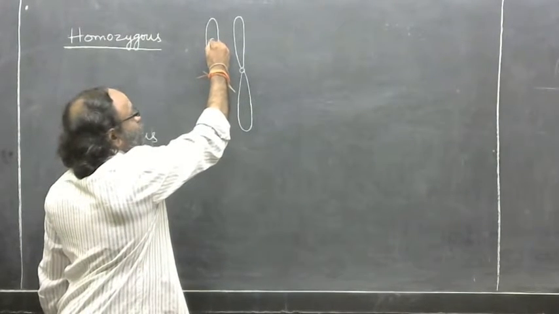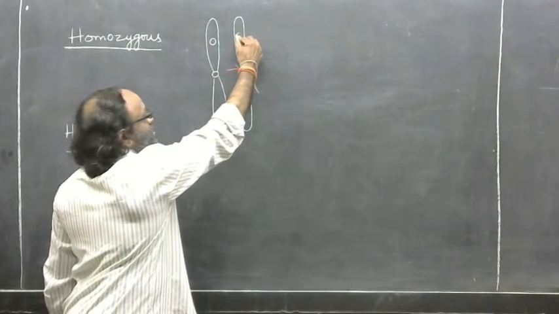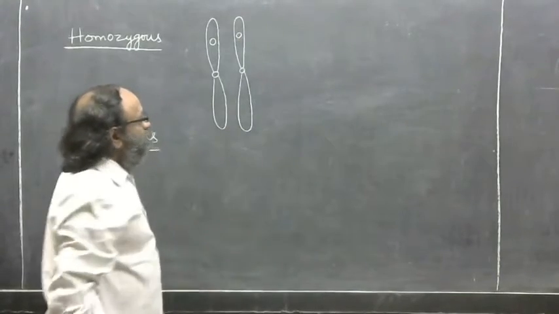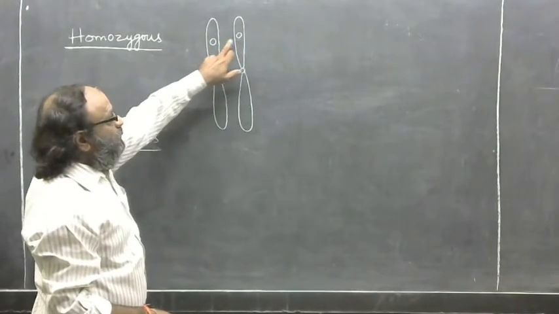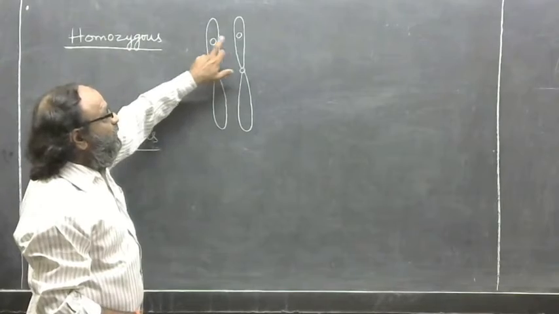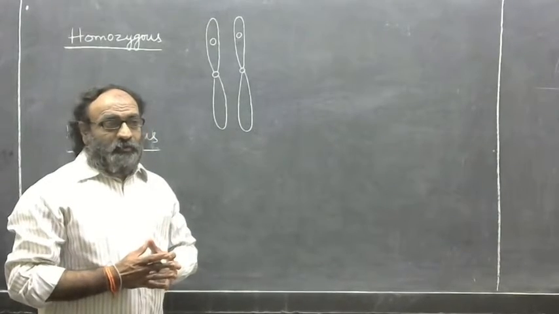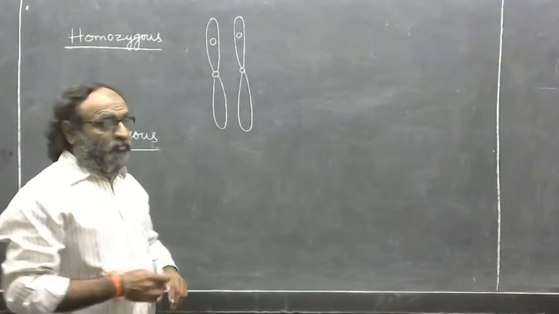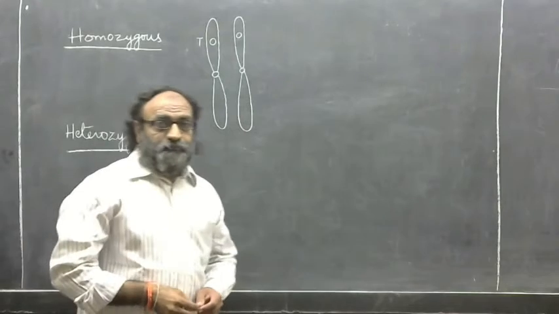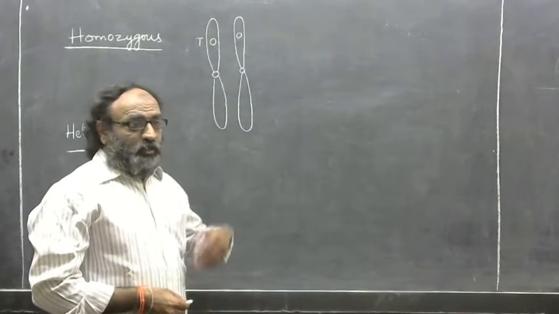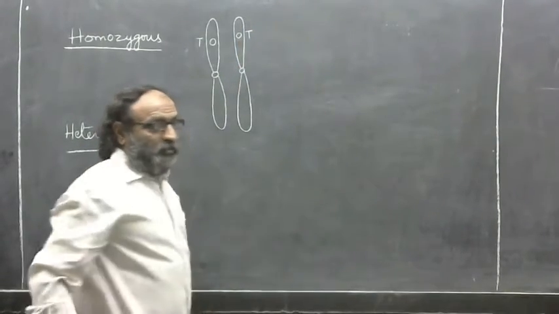Now I will take this as a locus on one chromosome and this is the locus on the other chromosome. The positions of the genes on both the chromosomes is at the same locus. Let the gene represented be T. I will take capital T here. On the other chromosome, I will take capital T gene at the same locus.